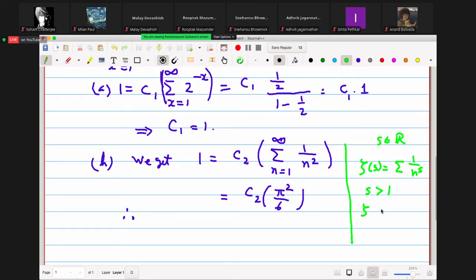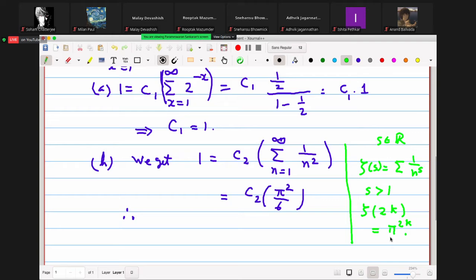Just think of this. And then zeta values at 2k are known, k a positive integer. These are known. And in fact, it is always of the form some pi power 2k times some rational number.